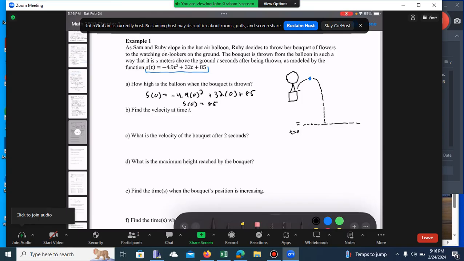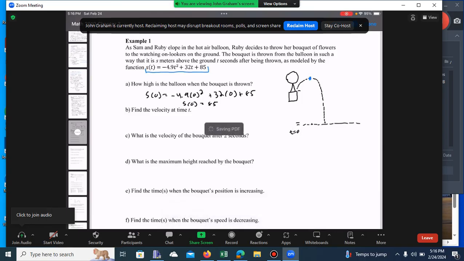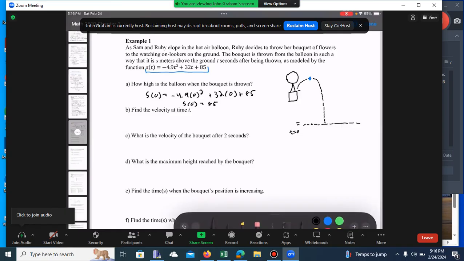Then we want to find the velocity function at time t, so we just take the derivative. This is a quadratic polynomial, so we just do the power rule for each term. So s prime of t is equal to v of t, which is negative 9.8 t plus 32.